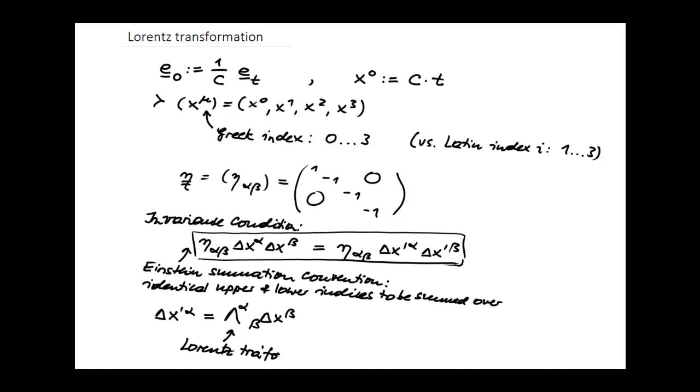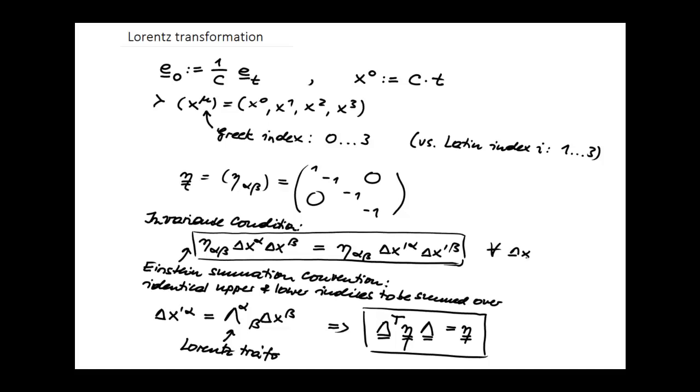You can insert this into our invariance condition on the right-hand side, and you find that the transformation matrix lambda must satisfy the condition lambda transpose times matrix eta times matrix lambda must equal matrix eta. And so the invariance condition, obviously this must hold for all delta x.